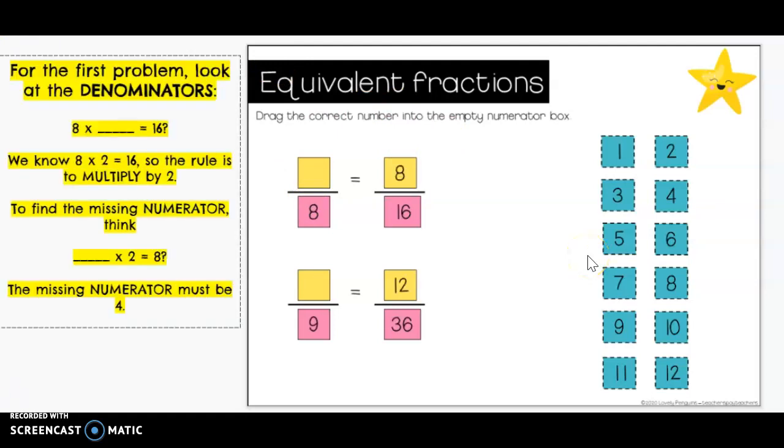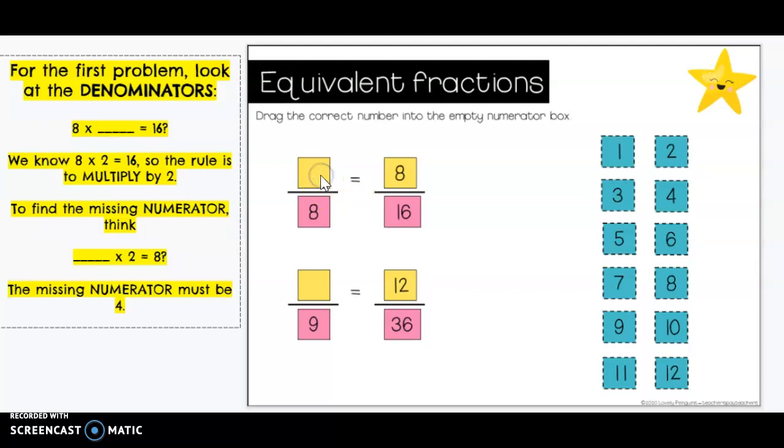Slide 9 is a little bit different, and that's why I added this hint here. In this case, you have the denominators again, but you're missing the left side of the numerator. So if I look at this first problem here, I think 8 times what equals 16? Well, I know that 8 times 2 is 16.